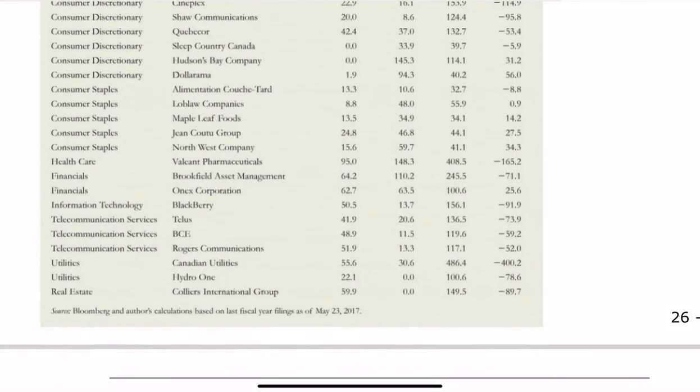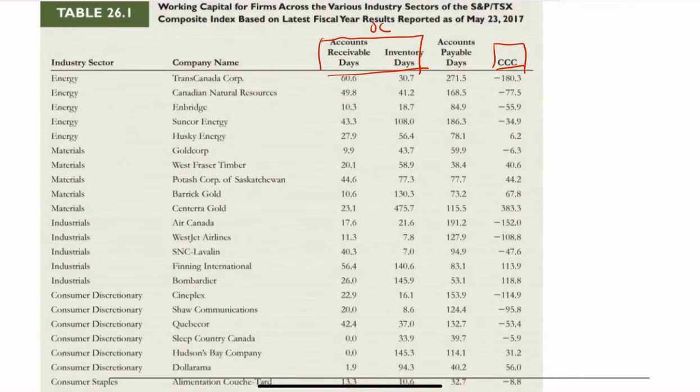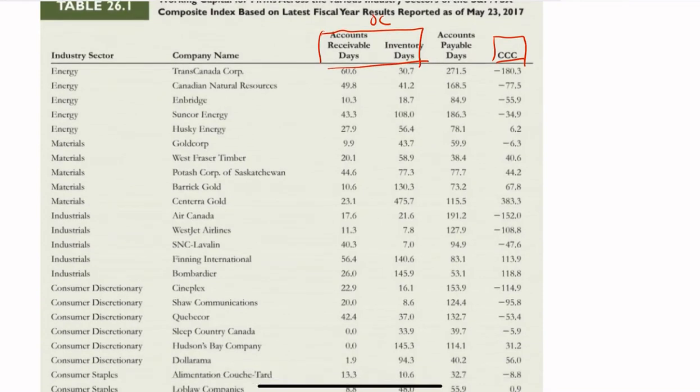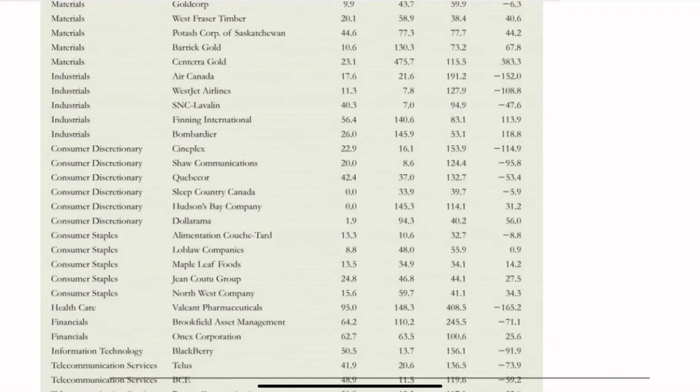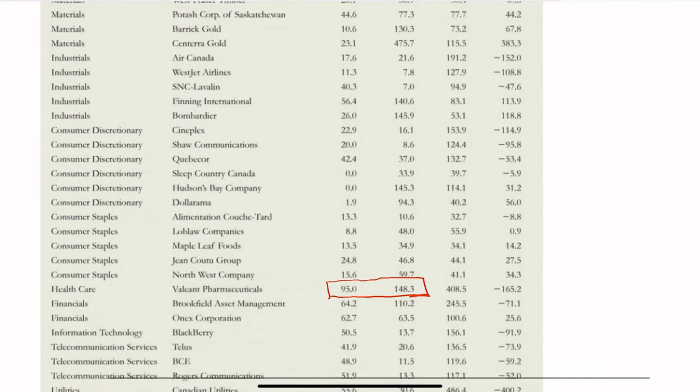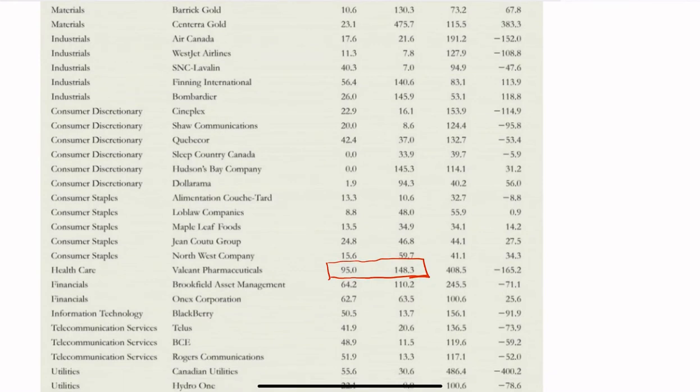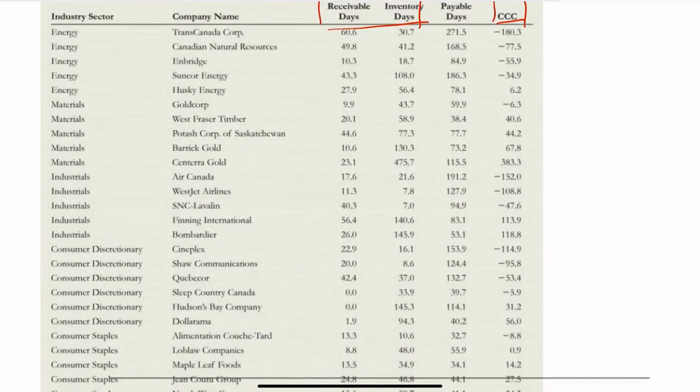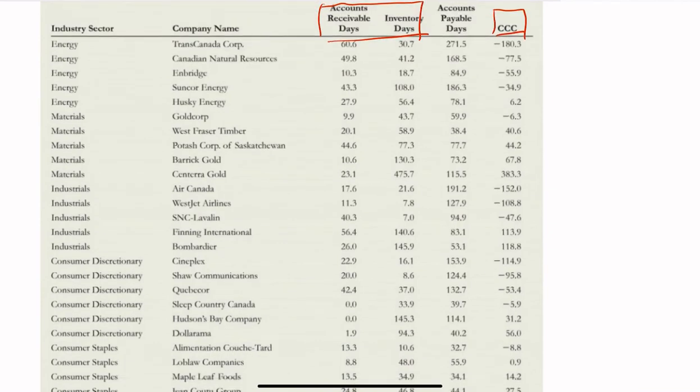If you look at some firms, they have very large operating cycles. For example, if you look at this pharmaceutical firm, its operating cycle is almost 250 days. And some firms have really short operating cycles. For example, if you look at WestJet, it's almost 20 days.